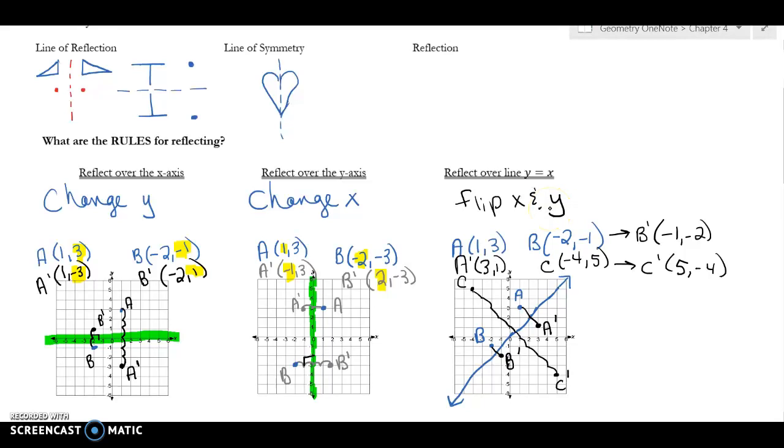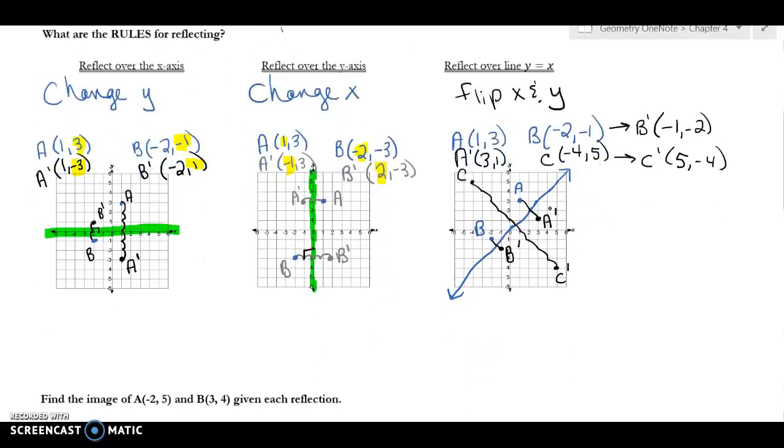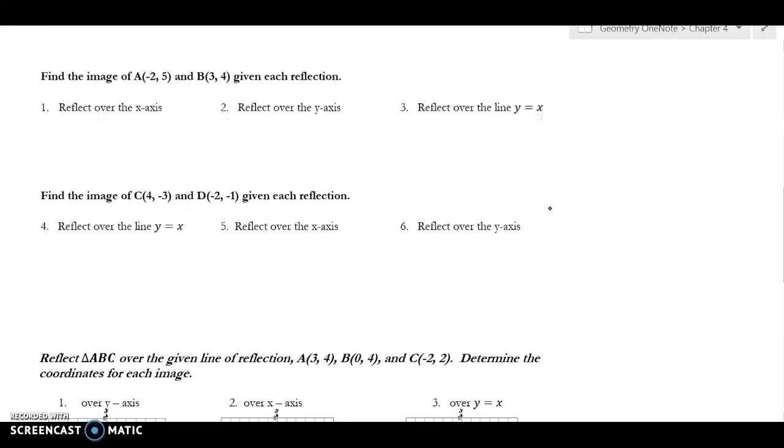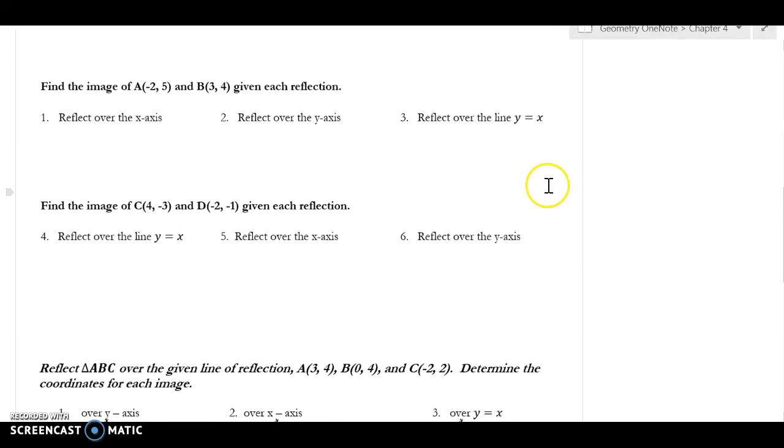Change the order. Okay, so if you reflect over the x, you change the y. Reflect over the y, change the x. And reflect over the line y equals x, you flip them. Okay, so let's go ahead and see if we can find these images. So these are the pre-images, and I need to find my new image.